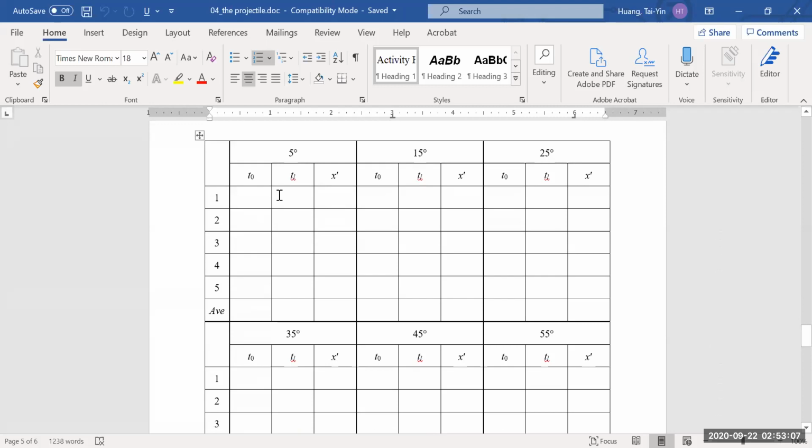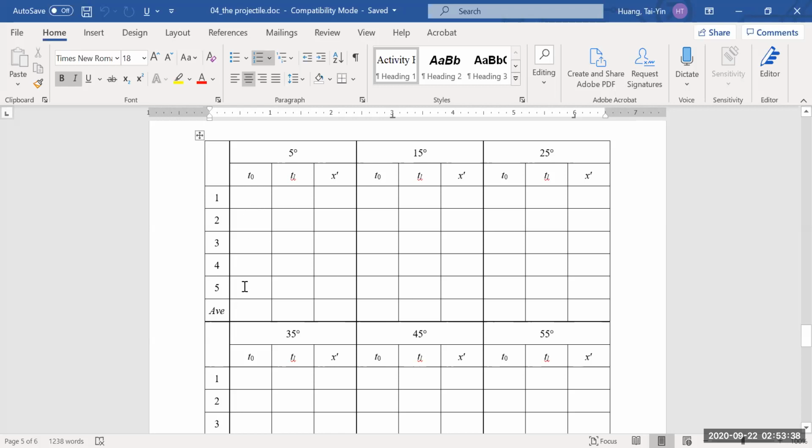At each angle, when you launch the projectile, the system is going to measure t naught, which is used to estimate the initial velocity, and t sub L, which is the total flight time, and x prime, which is the distance measured from the base to the touchdown. At each angle, you're going to fire the projectile 5 times.